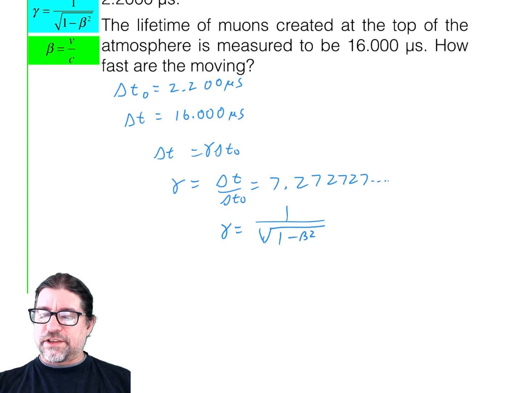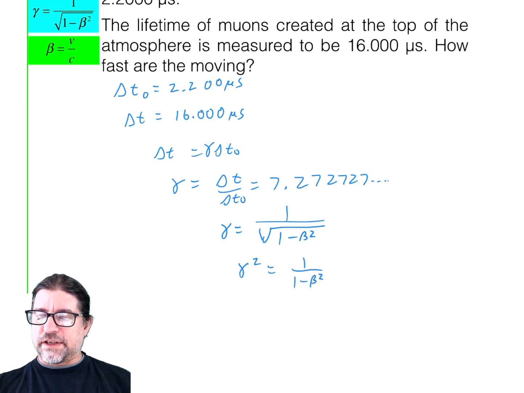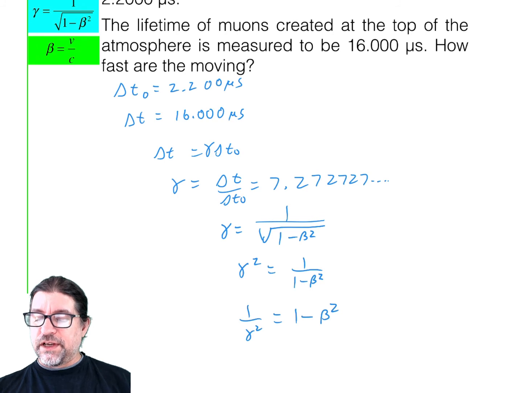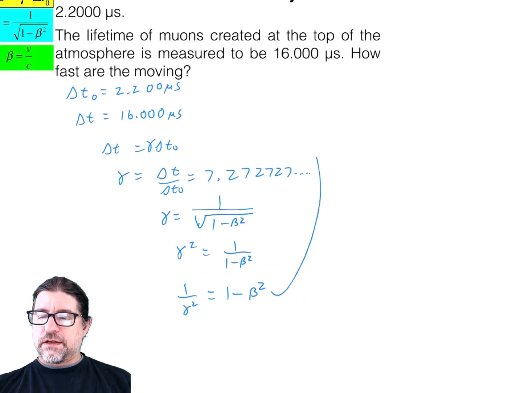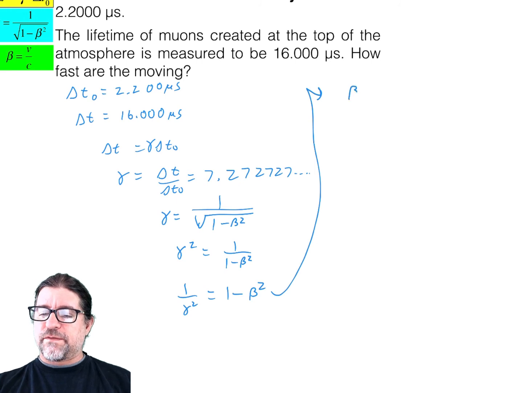I'm going to square both sides. So gamma squared equals 1 over 1 minus beta squared. Let's invert both sides. So I have 1 over gamma squared equals 1 minus beta squared. We move the beta to the left and the gamma to the right. So I have beta squared equals 1 minus 1 over gamma squared, so beta is equal to the square root of 1 minus 1 over gamma squared.